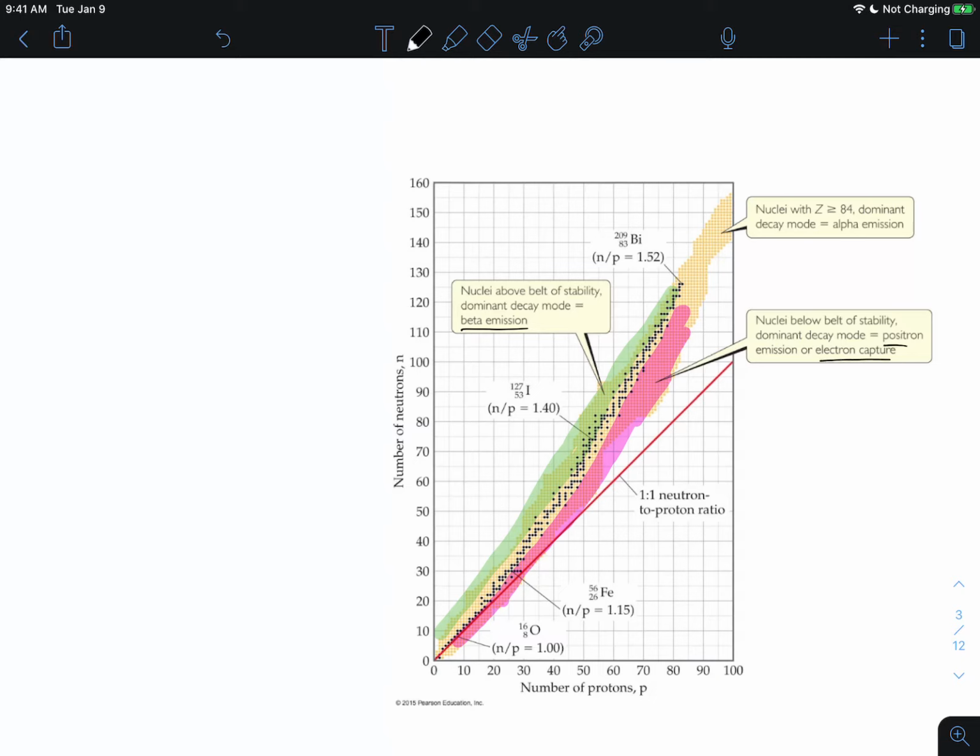In both of those cases, you're going to convert a proton into a neutron. In the case of an electron capture, a proton captures an electron, and they combine to form a neutron. In positron emission, you're going to decay a proton into a neutron and a positron. Either way, you get one more neutron, one fewer proton.